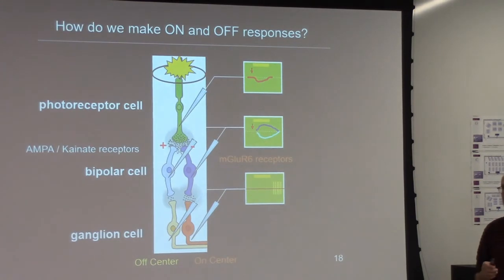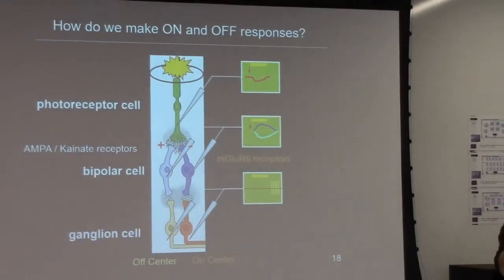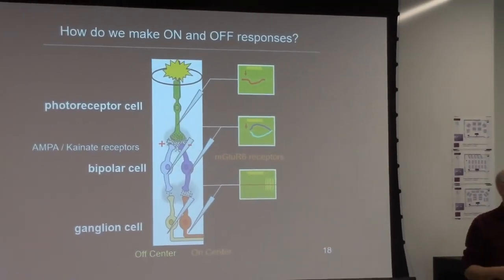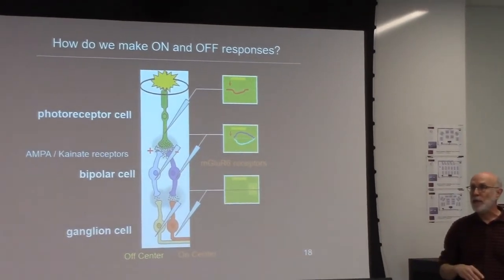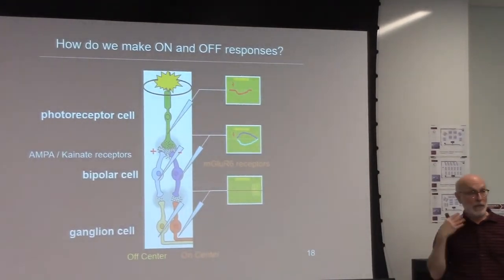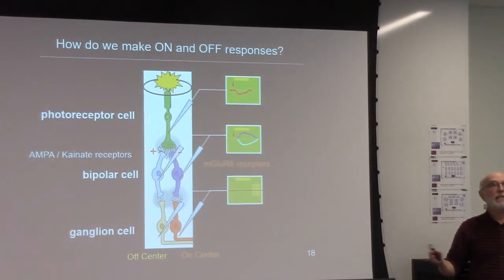Complicated. But you tell yourself the story enough times and it becomes easy. Are there any questions before we leave the retina? Now we have action potentials, either an increase or a decrease in action potential frequency. We have action potentials leaving the retina and going to the brain, and that's the signal that we see.